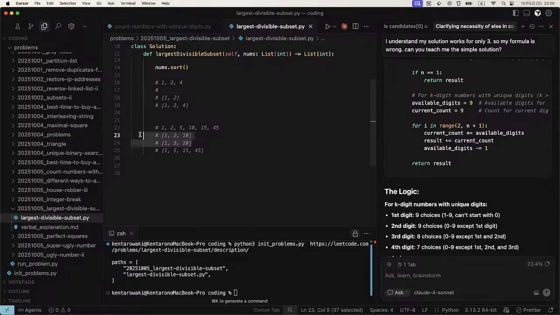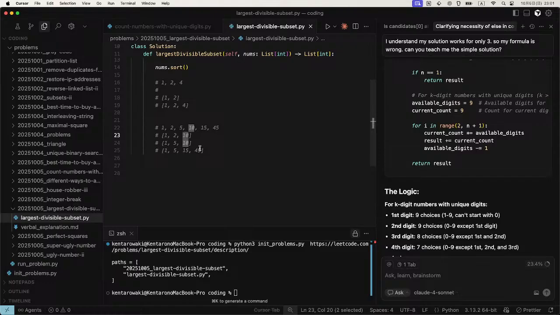Oh, how about this? When we choose 10, the 10 would be used for checking later. How about 2 and 5? That's not important because it's included in 10.